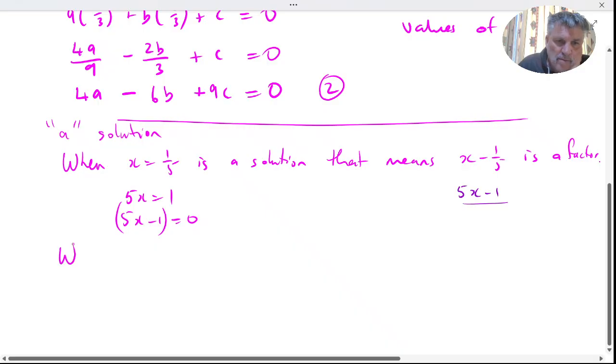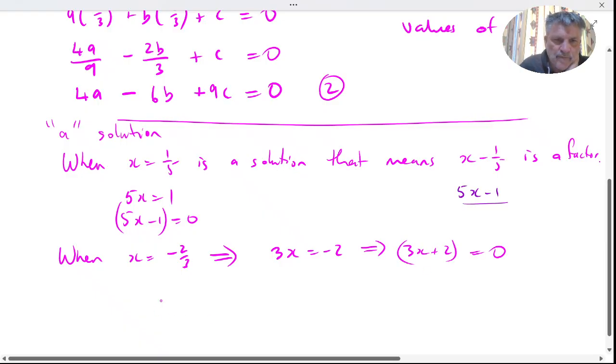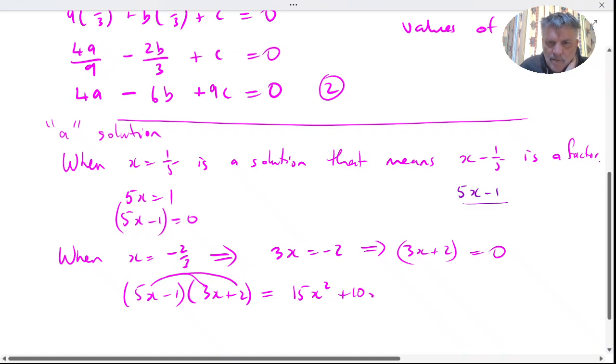If you do the same thing when x equals minus 2/3, that will lead to 3x equals minus 2, which leads to 3x plus 2 equals 0. And now if we take these two linear terms and multiply them together, we have to multiply out: 15x squared plus 10x minus 3x minus 2.